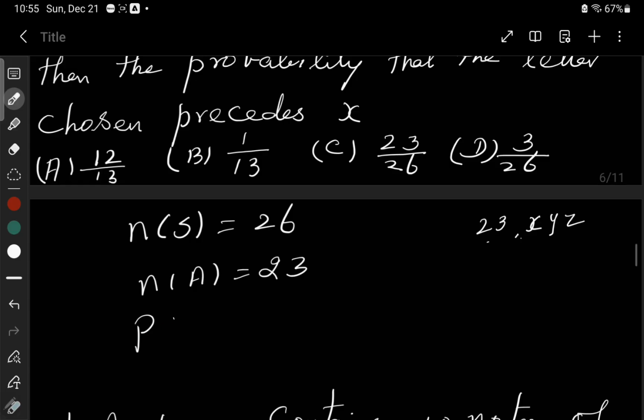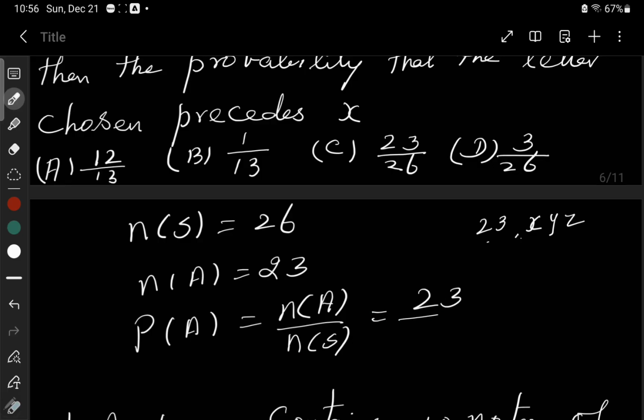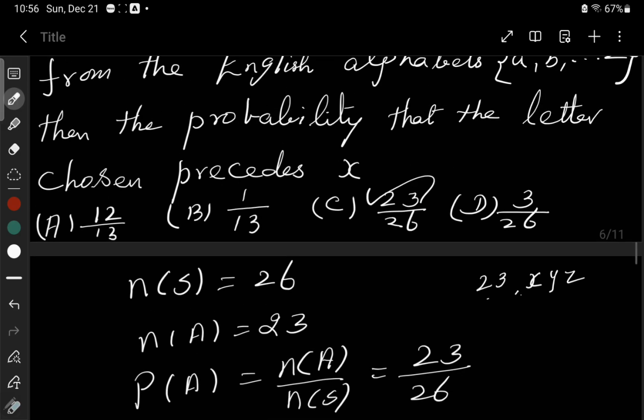Therefore, P of A is N of A by N of S, 23 by 26. This is the answer, option C.